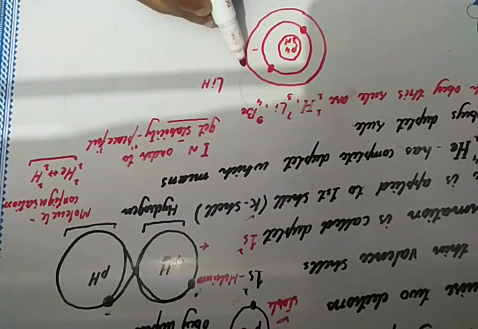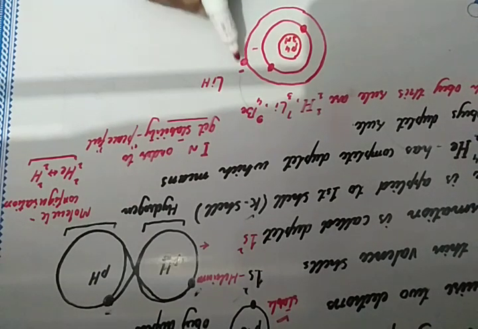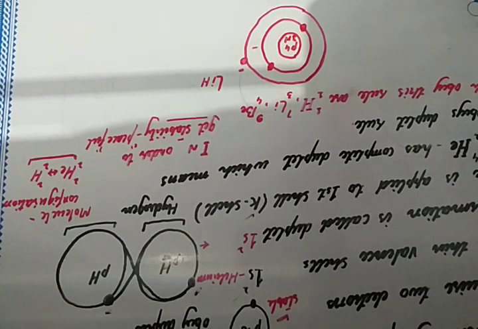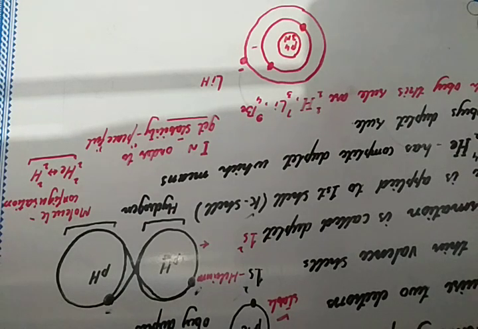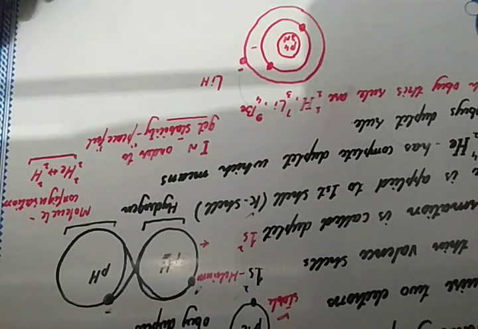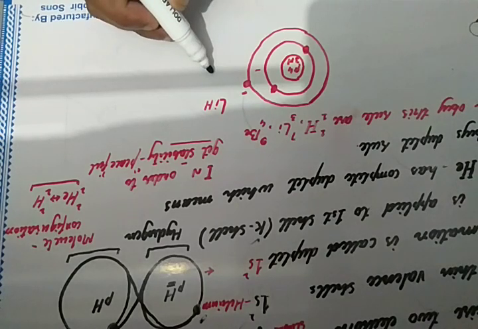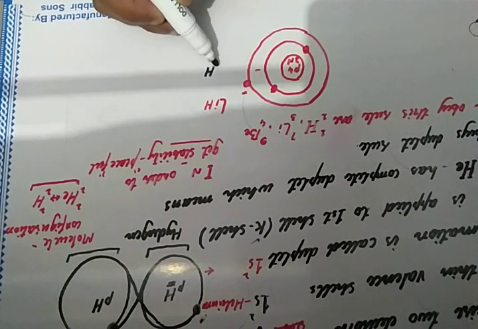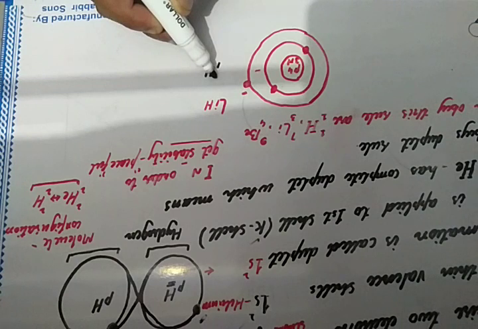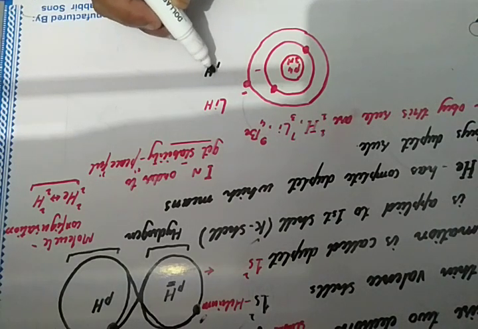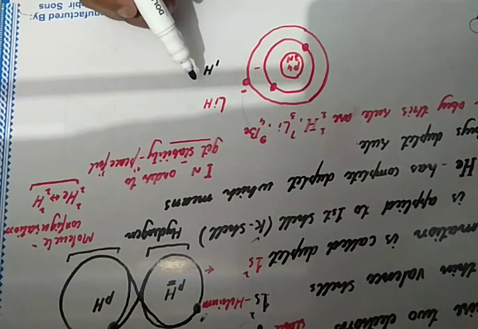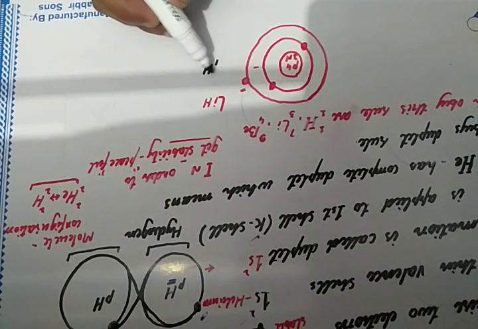So here is another electron. So what will happen when hydrogen comes in contact? In this case, when hydrogen comes in contact to make a bond with it, hydrogen has 1 proton and 1 neutron.